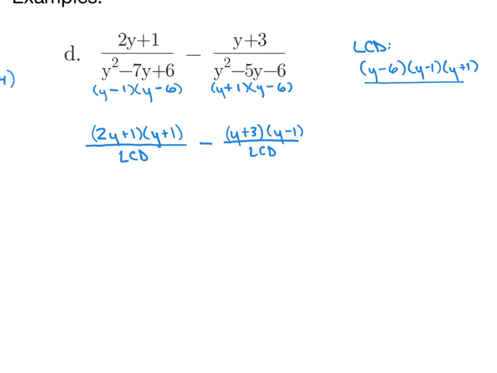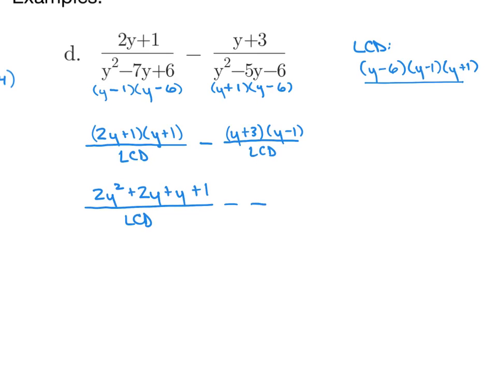All right, so let's go ahead and FOIL first. If we FOIL, we get in the first fraction 2y squared plus 2y plus y plus 1 over the LCD.